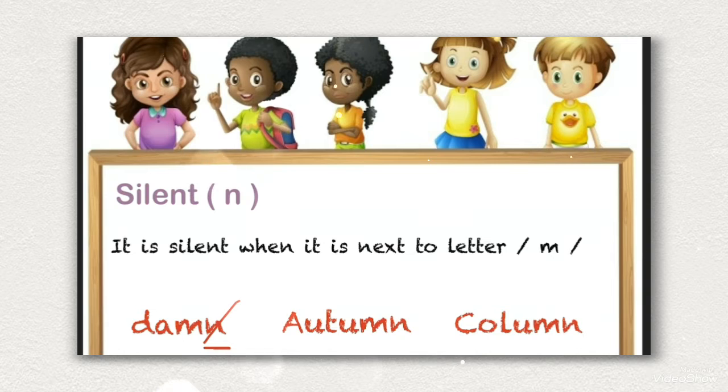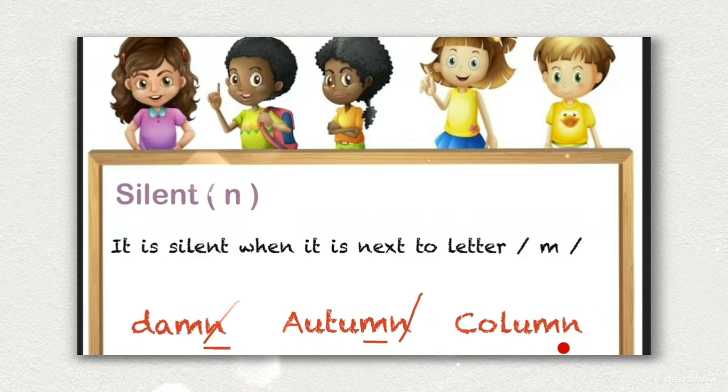Autumn. Here I have M and I have N, so N comes next to M. I will not pronounce letter N. It will be a silent letter, so I will read it autumn.